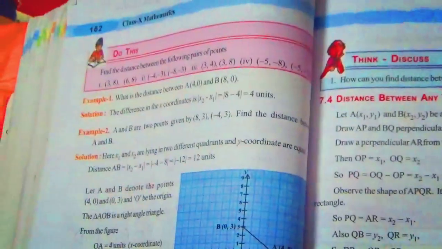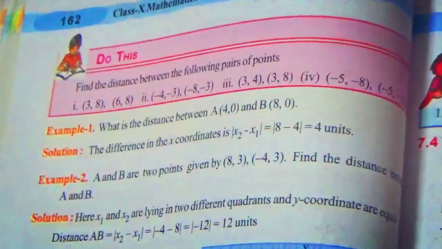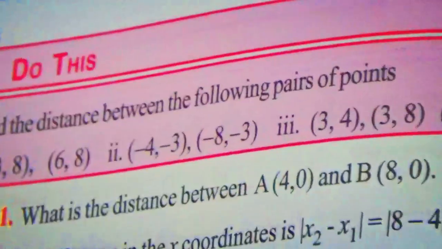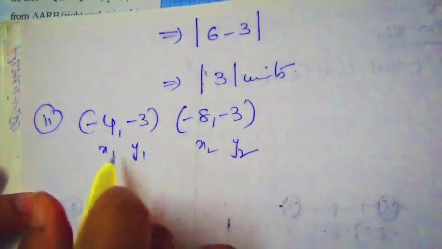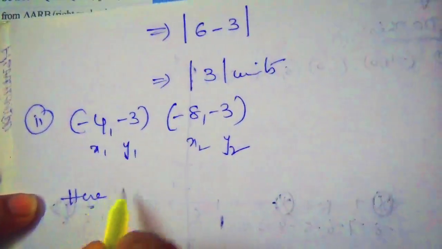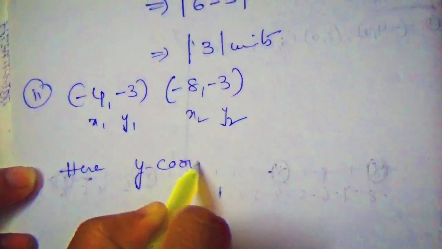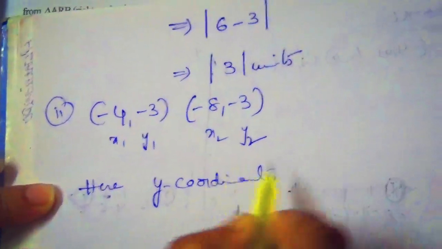Second question: (minus 4, minus 3) and (minus 8, minus 3). Here x1, y1, x2, y2. From above, the y coordinates are the same.